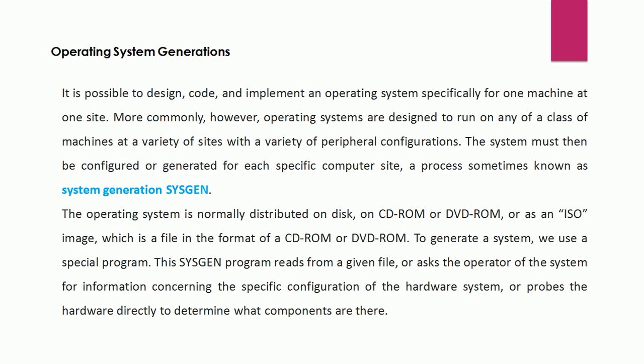To generate a system, we use a specific program, the sysgen, which reads from a given file, or asks the operator of the system for information concerning the specific configuration of the hardware system, or probes the hardware directly to determine what components are required.